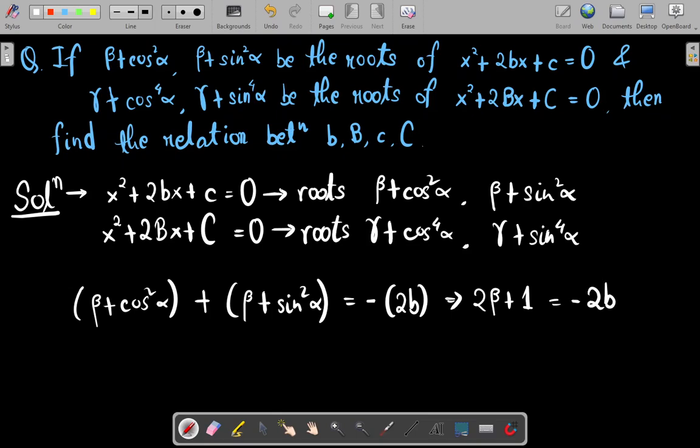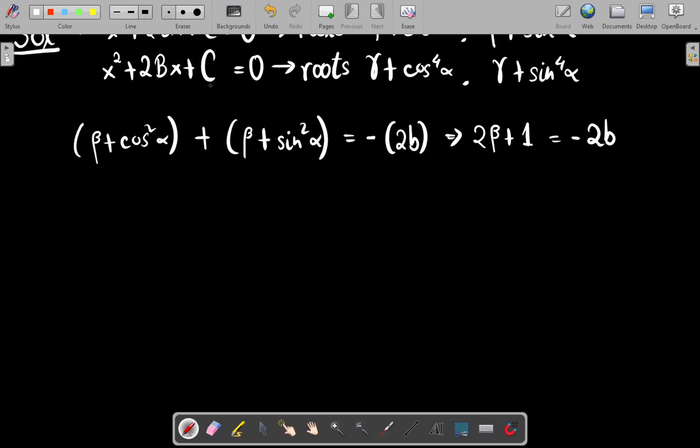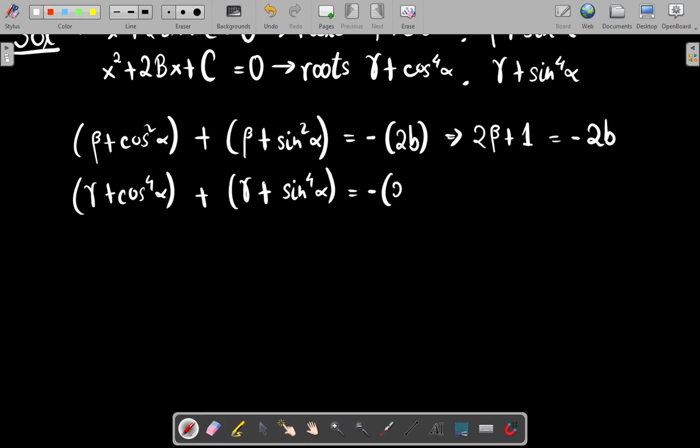If we try the same approach in the second equation, the sum of roots gives gamma plus cos to the power 4 alpha plus gamma plus sine to the power 4 alpha, which is similarly equal to minus 2 capital B. In this case, however, we can't simplify cos to the power 4 alpha plus sine to the power 4 alpha; in simple terms, we need extra terms.